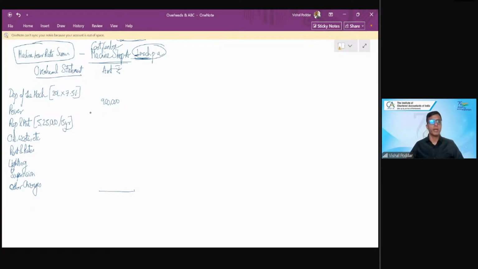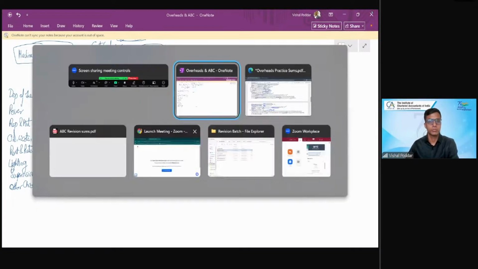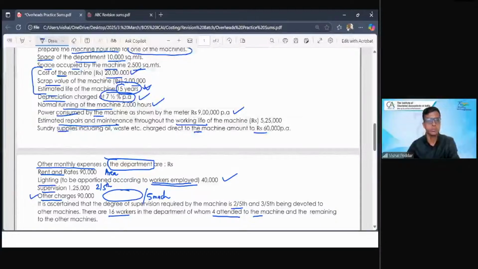See, we have to bring parity so that all are at the same level. Then only you'll get the correct answer. Normal running hours is 2,000, that we'll use later. Power consumed is done. Okay, oil and supply 60,000 per annum.